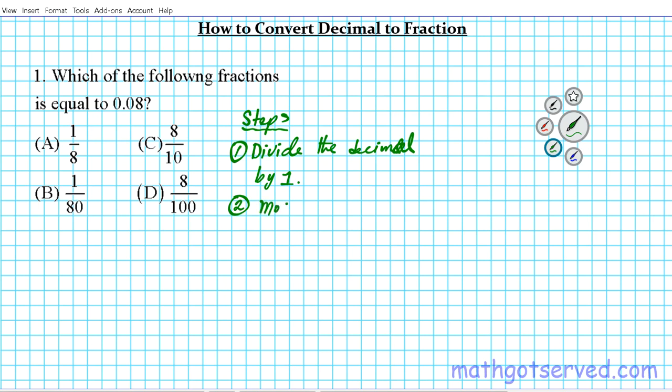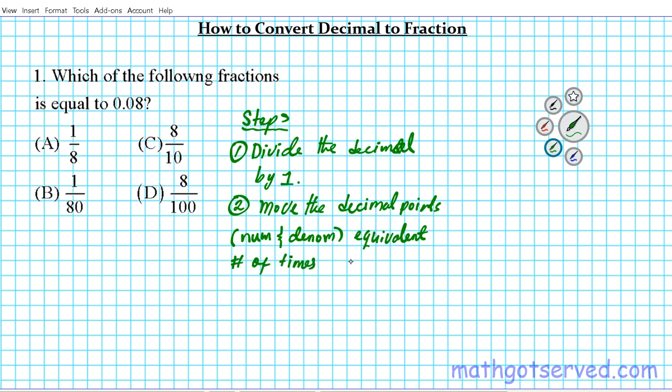So you're going to move the decimal points. When we're talking about the decimal points, we're talking about the decimal points in the numerator and denominator, okay? So you're going to move the decimal points in the numerator and denominator an equivalent number of times.